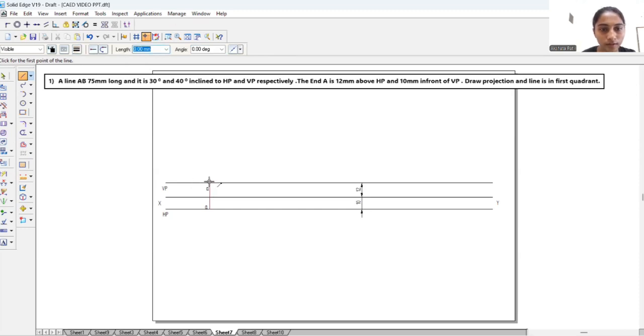From here we will give length as 75 and angle as 30 degrees. From A, again we will give length as 75 mm and the angle as minus 40 degrees, because it is below the XY line.